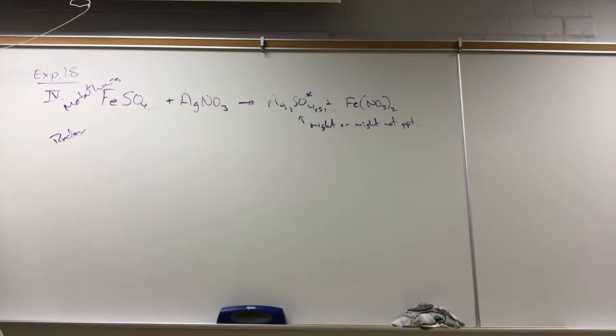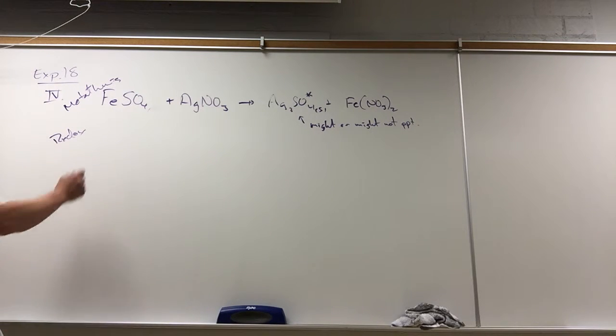For redox, what do we do? Well, what we're going to do for all these reactions, we're going to use the chart method. So what's the first step in the chart method? Write out the ions.